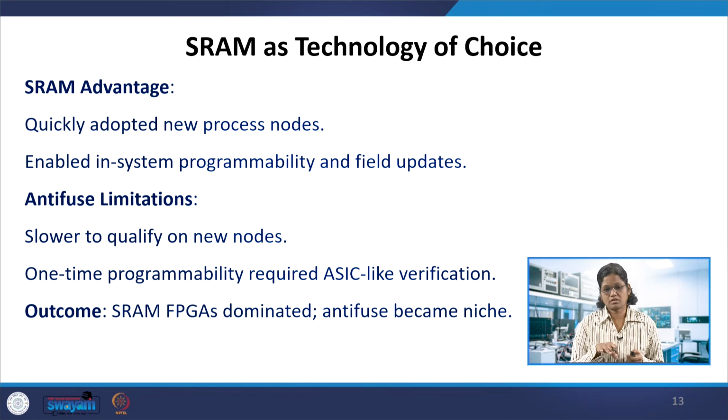That phase of Moore's law advancement pressurized switching to new process technologies, which were easily adapted by SRAM-based FPGAs compared to anti-fuse. Anti-fuse was slower to qualify those new nodes and was very difficult to make. So SRAM FPGAs were dominating during that time.